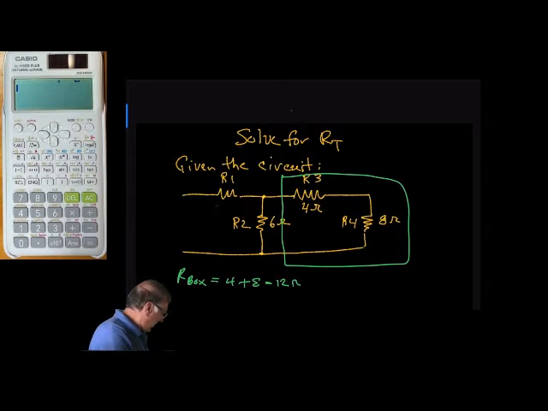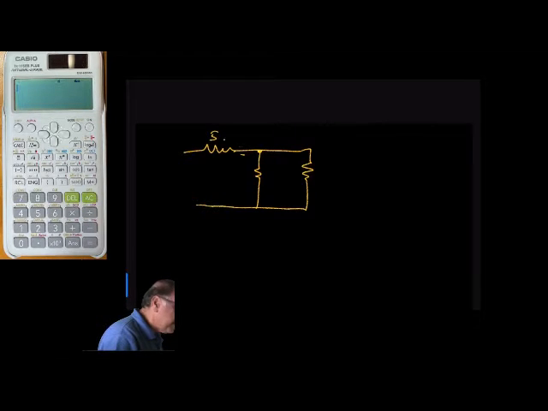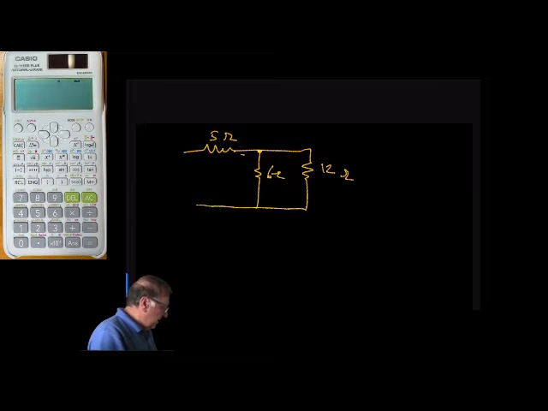So let's redraw now a simplified circuit of that. So we have a 5 ohm, 12 ohm, which is our new value of the combined resistors, and a 6 ohm. So now what we do is we draw that box again around these 2 resistors.